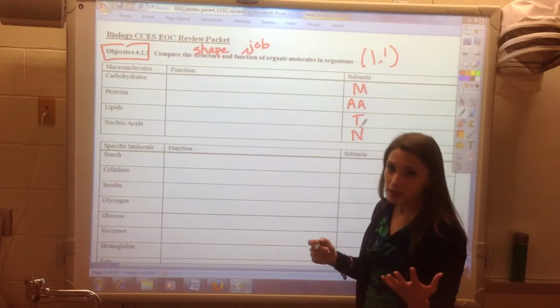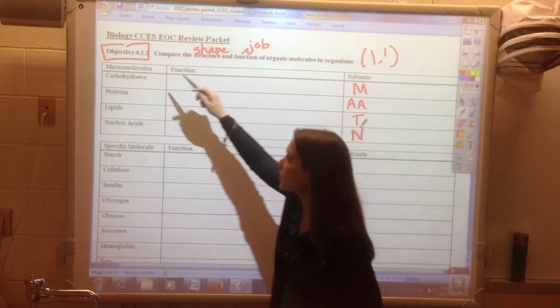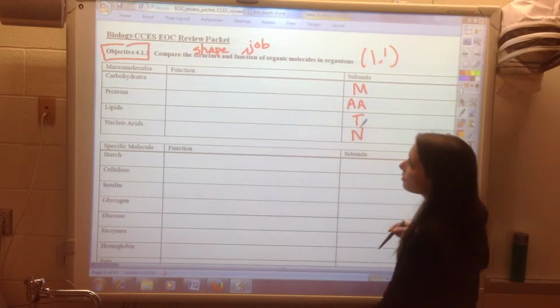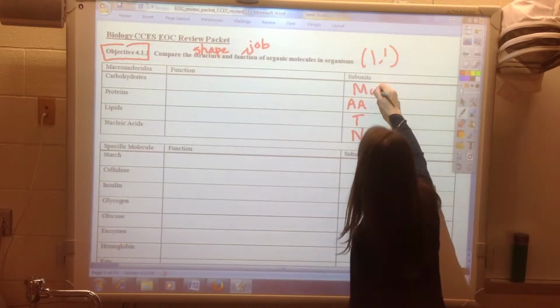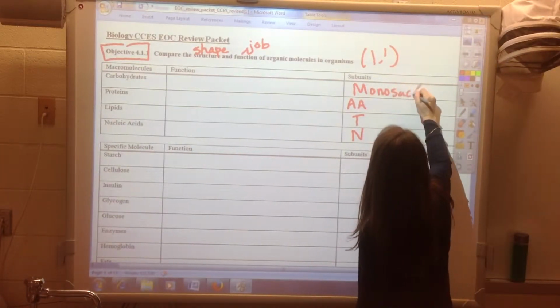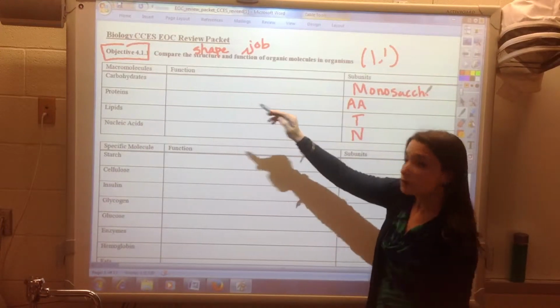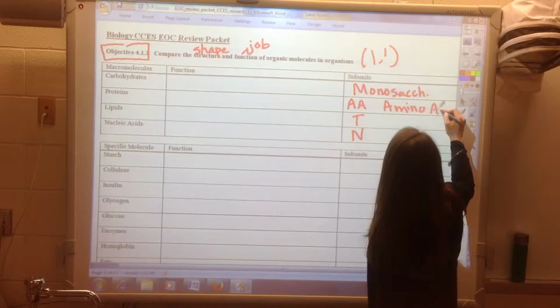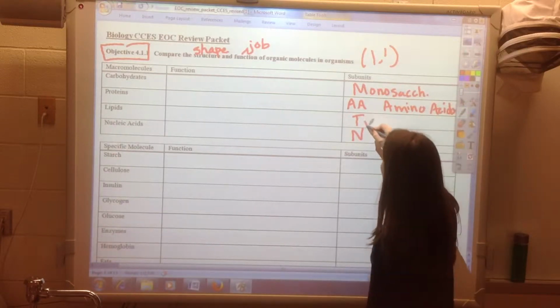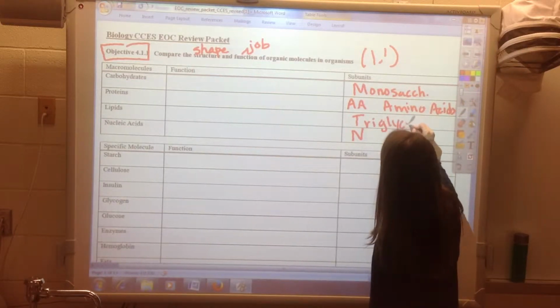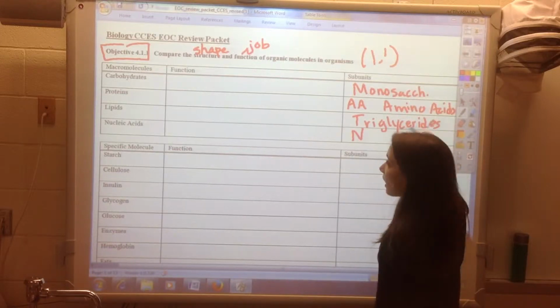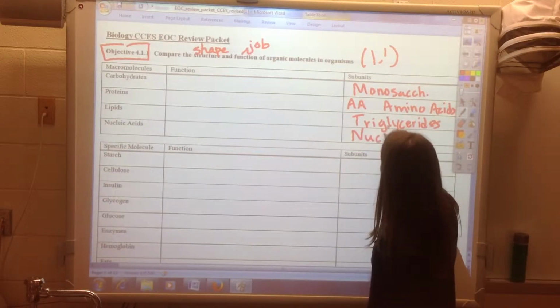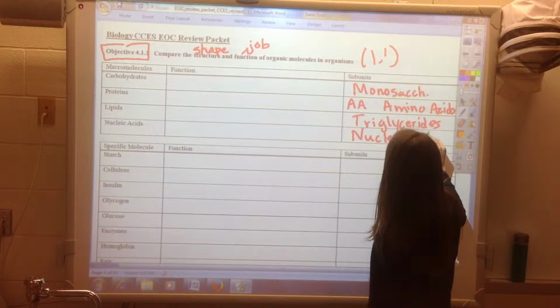Now we wrote the sentence in a different order, but if you remember it in this order, you'll remember that carbohydrates are made of monosaccharides, and that proteins are made of amino acids. Lipids are made of triglycerides, and nucleic acids are made of nucleotides.